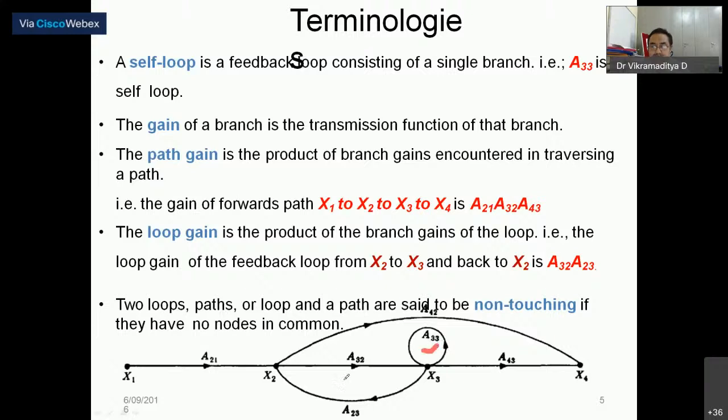This is one loop and this is the second loop. Are loop 1 and loop 2 touching each other? Yes, they are touching each other. So they are not considered in the non-touching loops. Suppose I draw a loop here, a self loop.